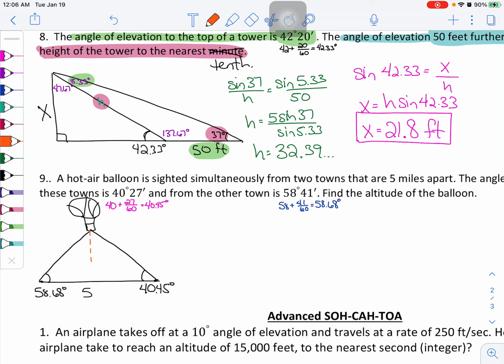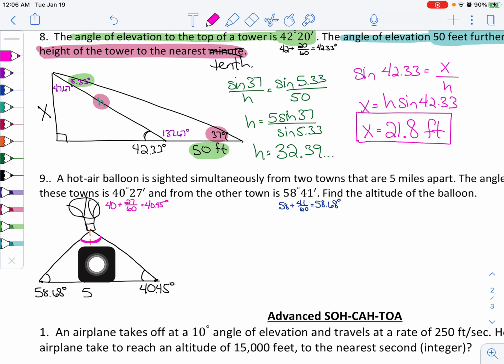So we want to know this height right there, that altitude. This is actually very much like one of the first or second problems that we did on this page. What you're going to do is use these two angles to find this angle.